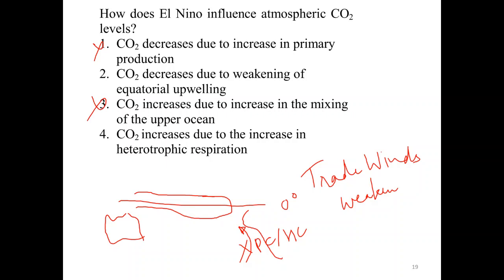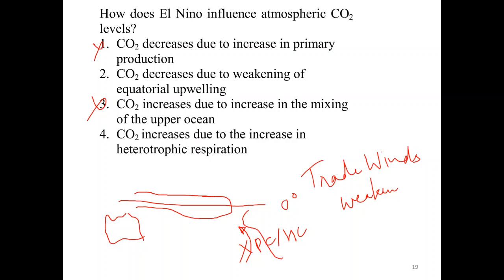CO2 increases due to increase in heterotrophic respiration. Now this seems somewhat logical, but you have to understand that this increase in CO2 due to heterotrophic respiration is highly unlikely, because the population of animals which do heterotrophic respiration is very small compared to the phytoplankton which live in the surface water.